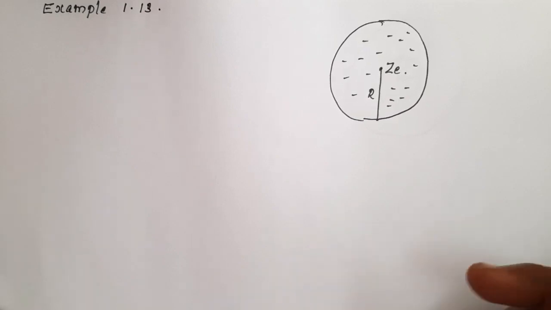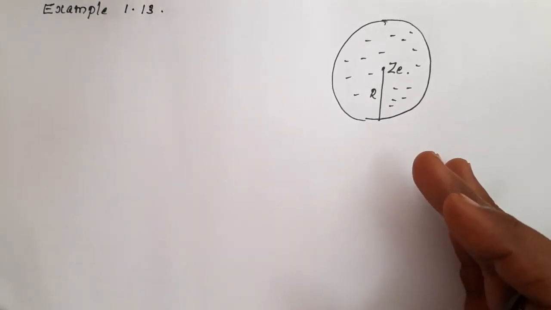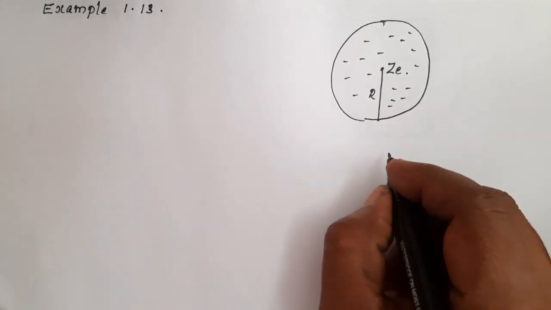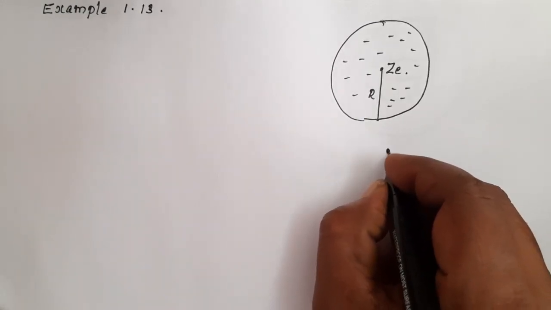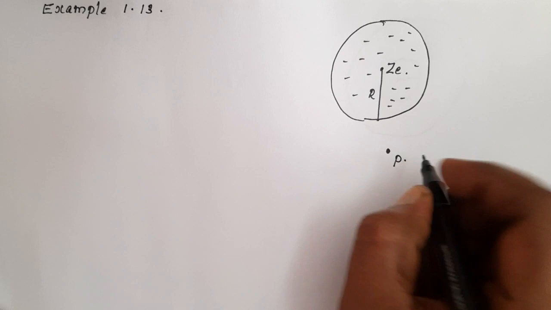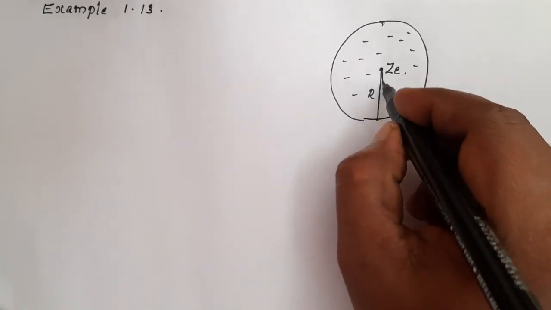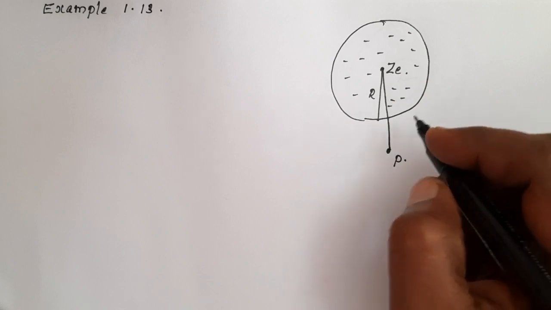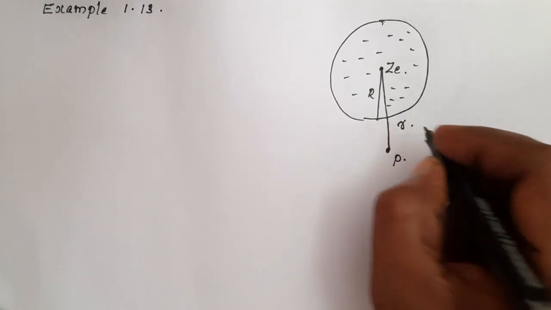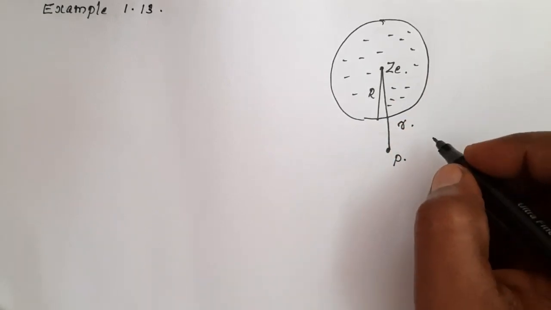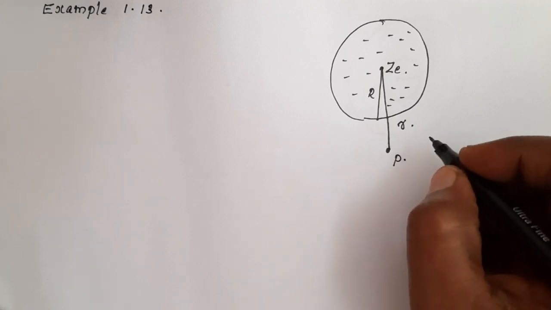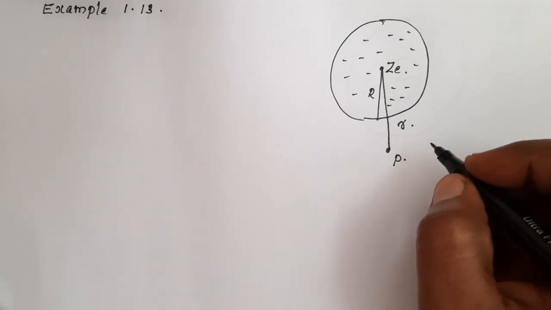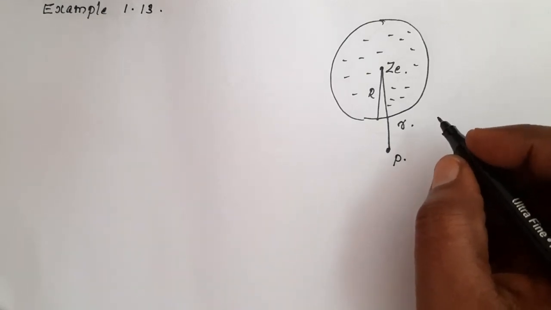Let's discuss the first case, when the point P lies outside. Outside the atom we consider a point P, and from the center of the atom, that means from the nucleus, to that point P the distance is small r. To find the electric field, as usual we consider a Gaussian surface and then apply Gauss's law.